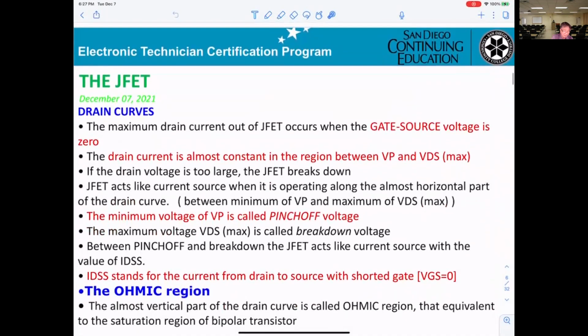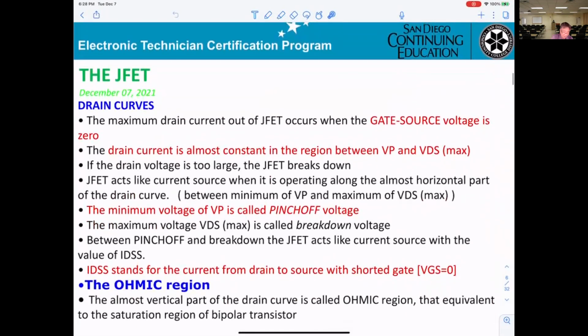The thing I try to help you understand is very important at this time. Most of the devices they build now, they're using JFET instead of bipolar transistor.